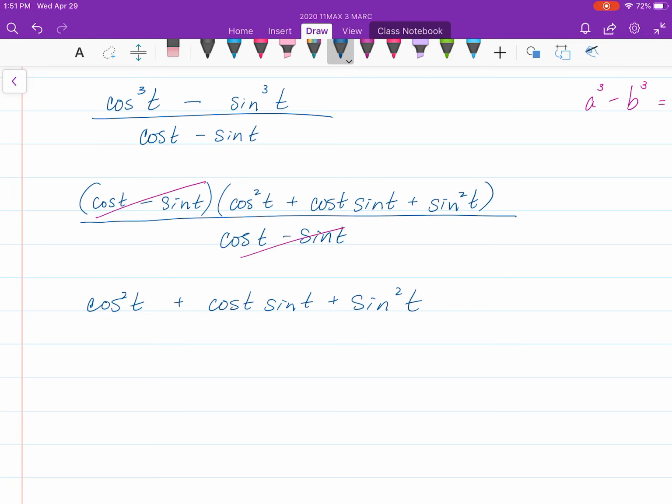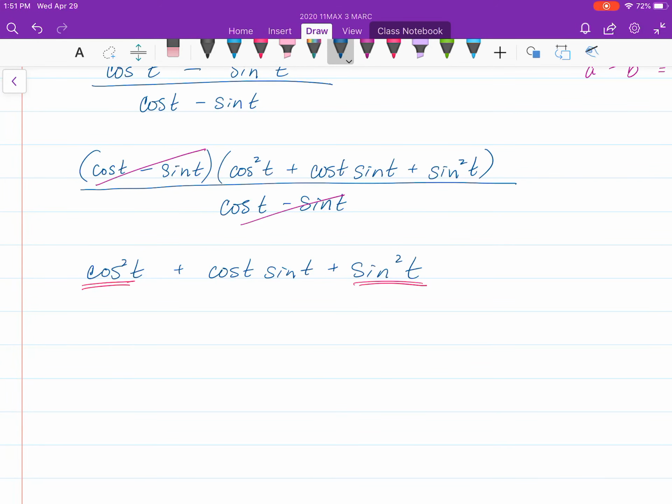And for those of you who know your Pythagorean identities quite well, you'll recognize that cosine squared plus sine squared is a Pythagorean identity. We know that that equals 1, so therefore those two terms can be replaced with 1, which, if we compare that to the right-hand side, equals the right-hand side, which we were requested to prove. So thus we have proven. QED.